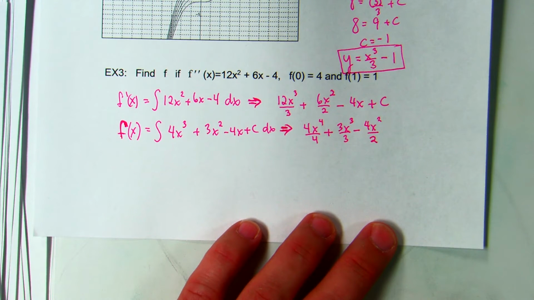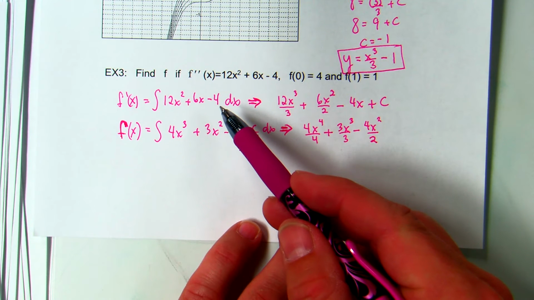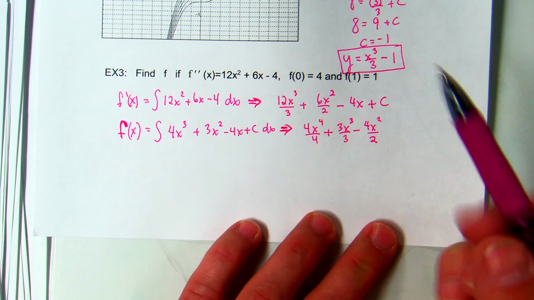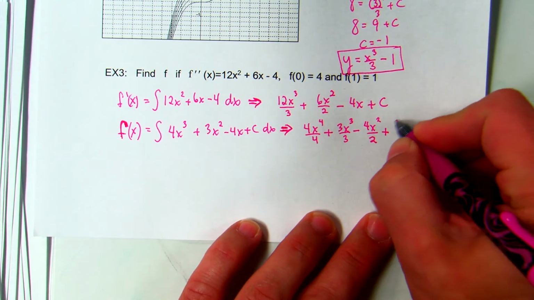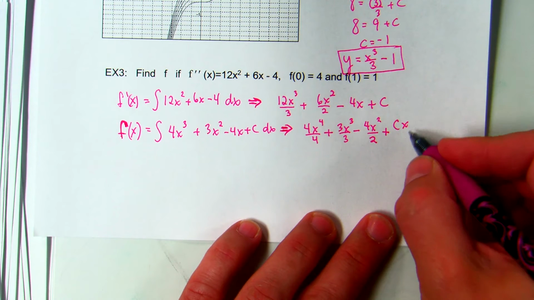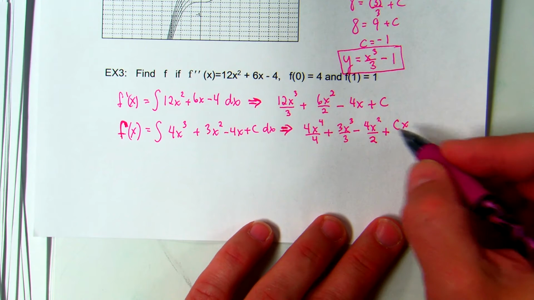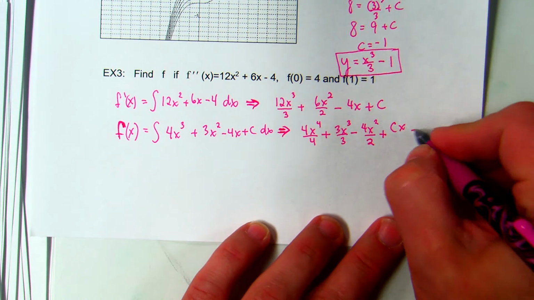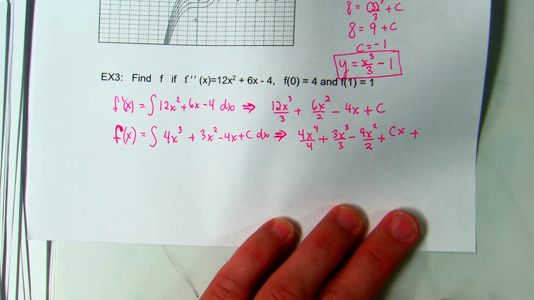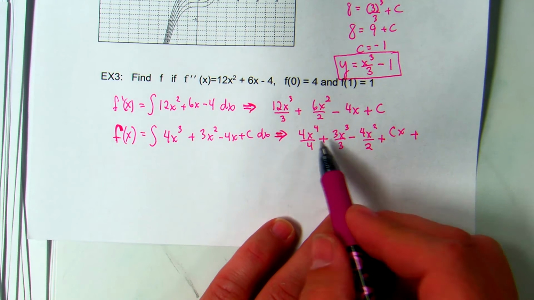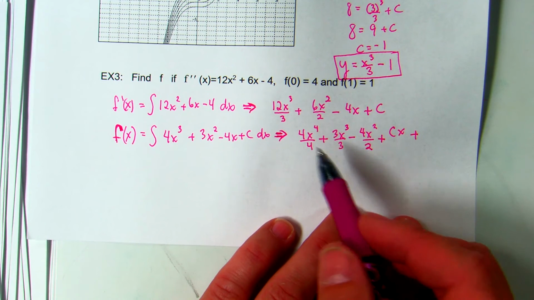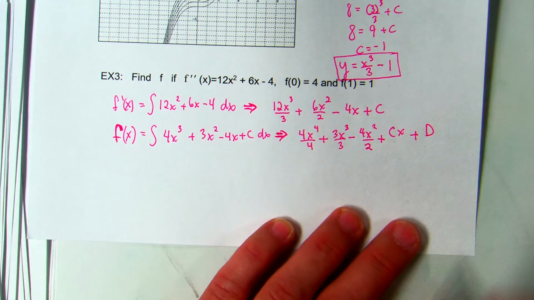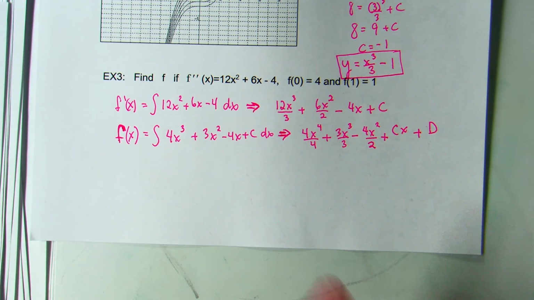We don't know what that constant is, but what did we do with the constant 4 a while ago? Well, we just multiply it times x. So now C is going to have to be multiplied times x, and it's x to the 1 over 1, or n plus 1 over n plus 1. And now we'll have to add another letter to represent our constants in this step, or the original function here, f of x. So we'll put a d there. If this were to go one more time, let's say we started with the third derivative, you may end up having to go to letter e, or so on and so forth.